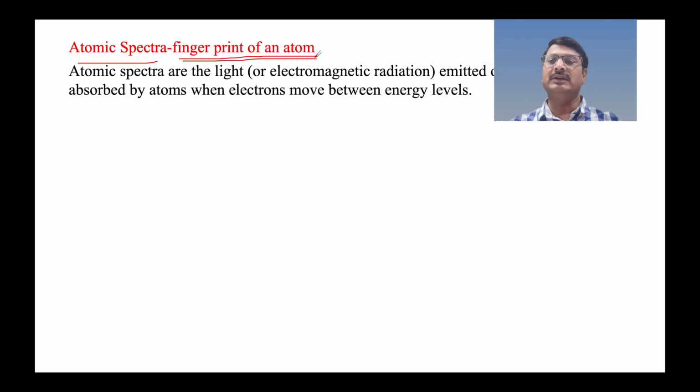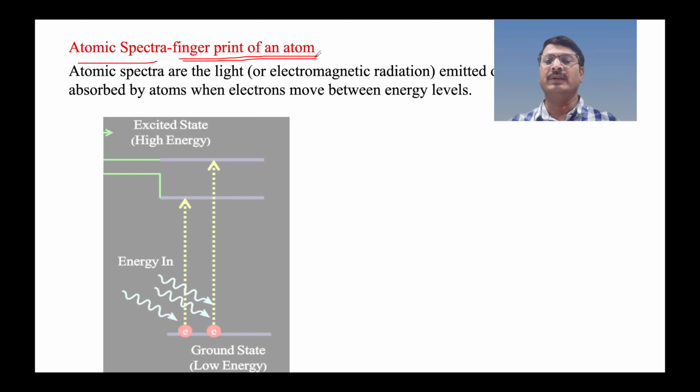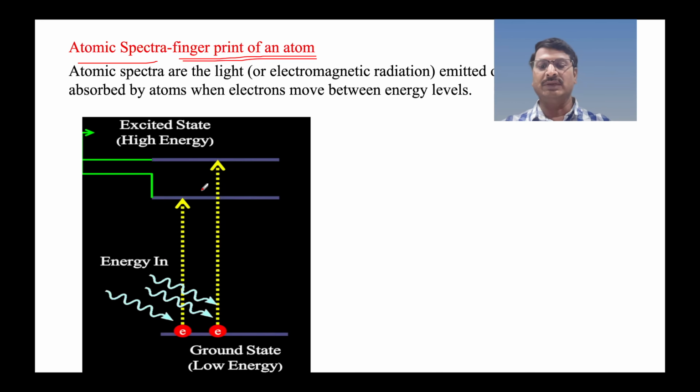And how do we get this atomic spectra? First you have to give energy to the ground state atom, and when you give the energy, the electrons present in the ground state will take that energy, and the type of energy absorbed depends upon the energy difference.